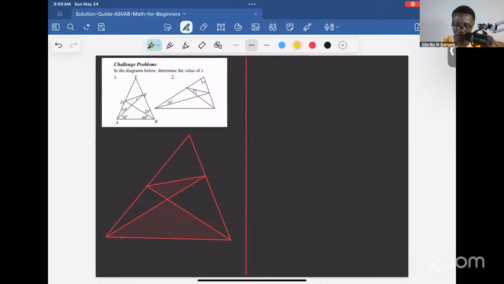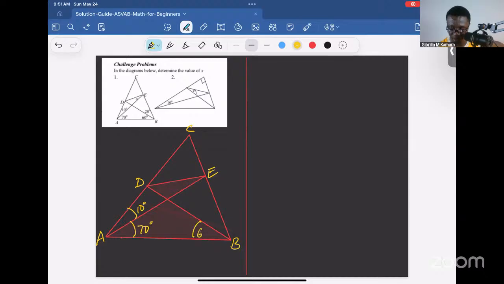Okay. So let's label. This is C. This is A. This is B. This is D. And this is E. All right. Now, this angle is given as 70 degrees. This is given as 10 degrees.